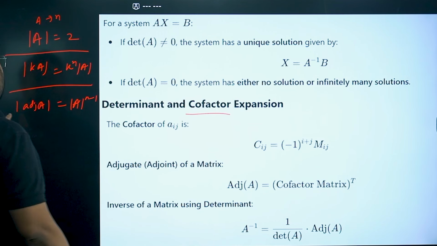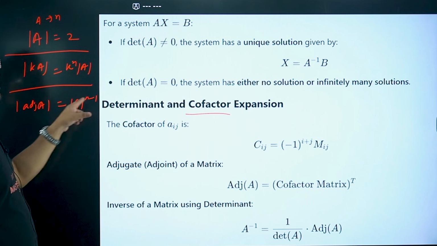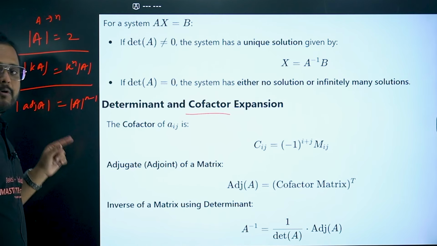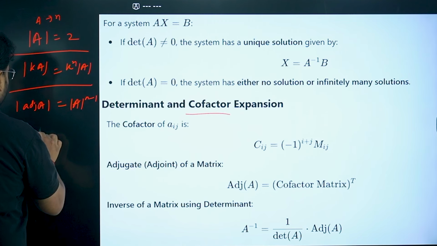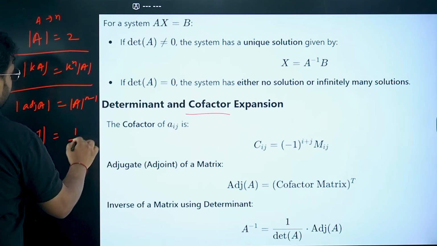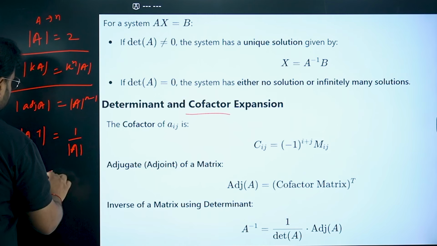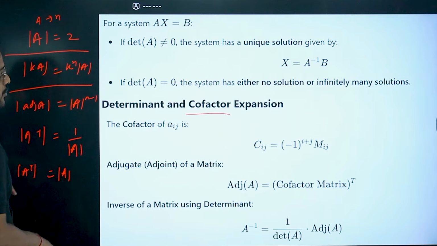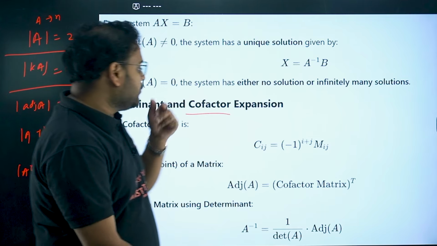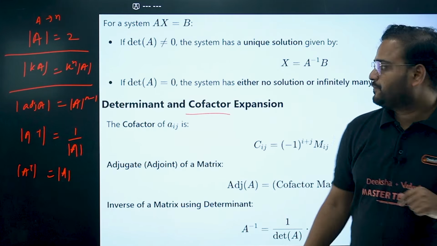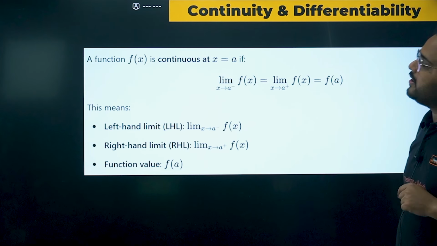If there is one adjoint, we have the power as 1. If it is 2 adjoint, we get n minus 1 power 2. So these properties are very, very important. This already explained you. A transpose determinant is equal to determinant of A. So the properties are directly asked in the MCQs. That's why I have written over there. Chaliye. Let's move on.